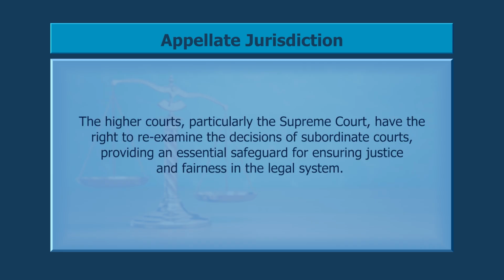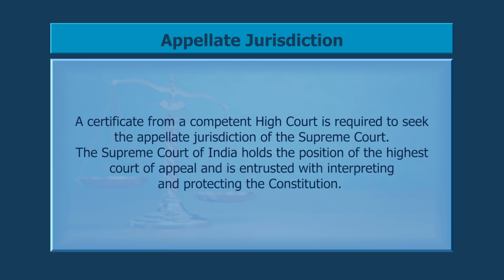The higher courts, particularly the Supreme Court, have the right to re-examine the decisions of subordinate courts, providing an essential safeguard for ensuring justice and fairness in the legal system. A certificate from a competent high court is required to seek the appellate jurisdiction of the Supreme Court.